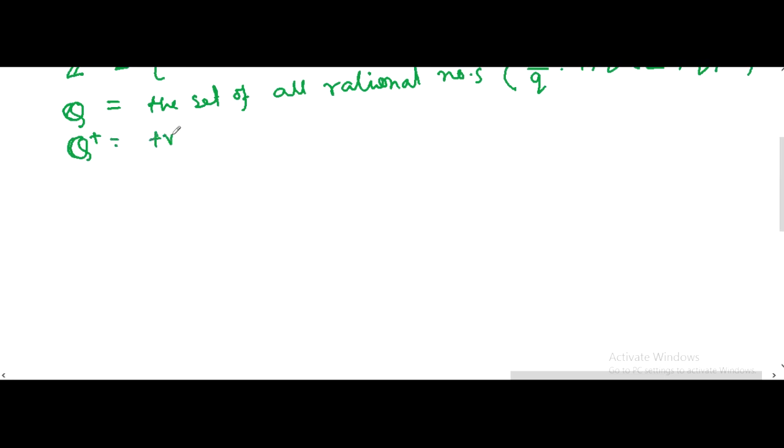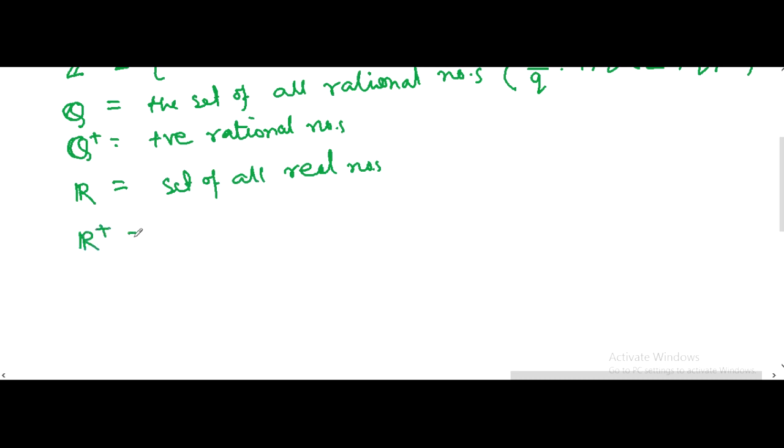Our next set is capital R. This is the set of all real numbers, and we denote R plus to represent the set of all positive real numbers.